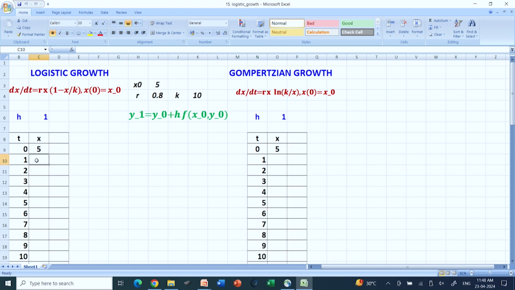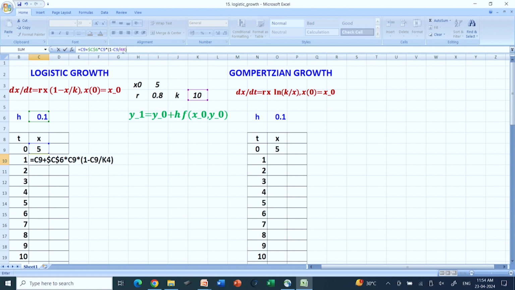So, if I come here, to calculate these x values, this is equal to x0, which is this value, plus h, which we took as 0.1, multiplied by, and since h is constant, we put a dollar, multiplied by x0, which is multiplied by 1 minus x0 by k.